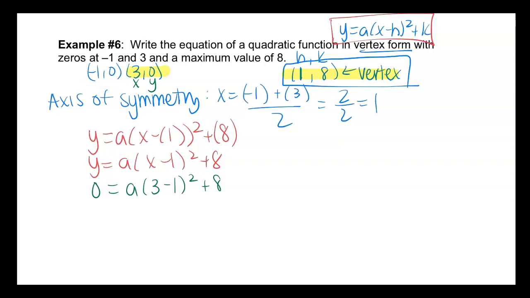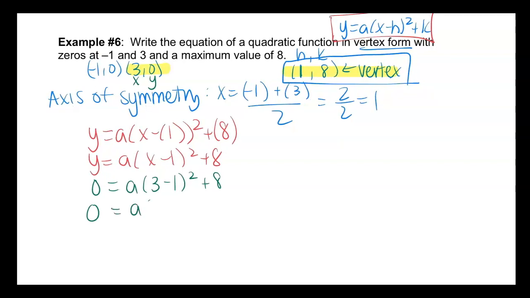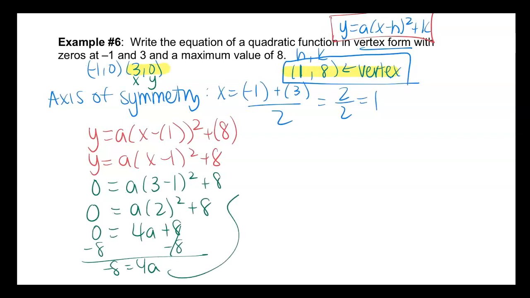So we're going to make this 0 equals a, 2 squared plus 8. 2 squared is 4a plus 8. I'm going to do two things. I'm going to subtract 8 on each side. So negative 8 will equal 4a. And then the last thing I have to do is divide both sides by 4. So negative 2 is going to equal a.